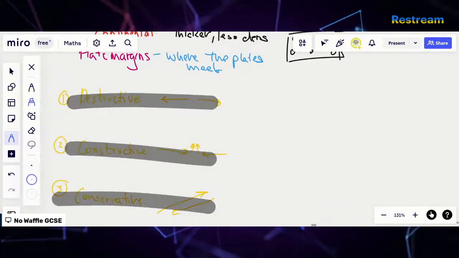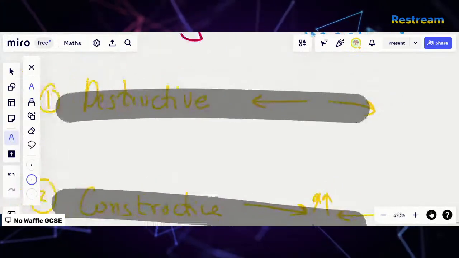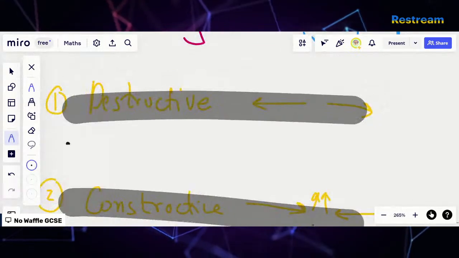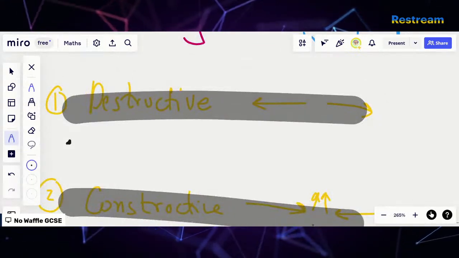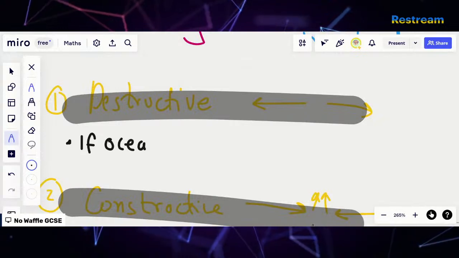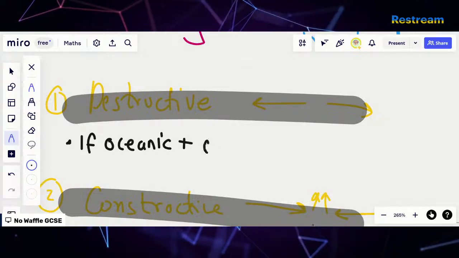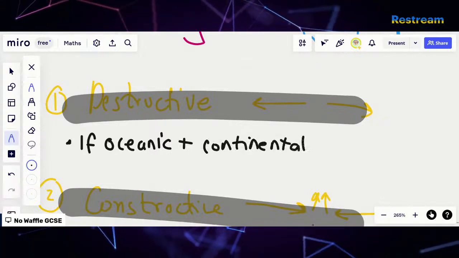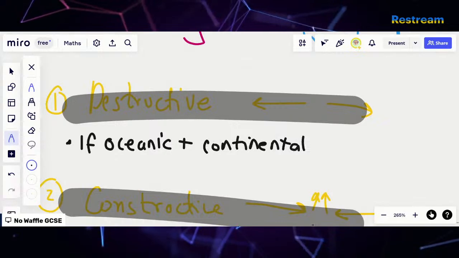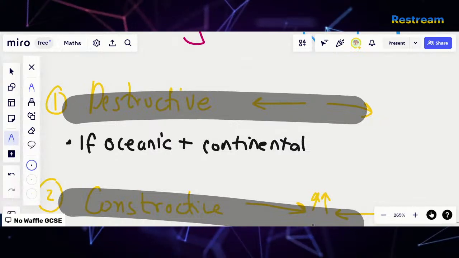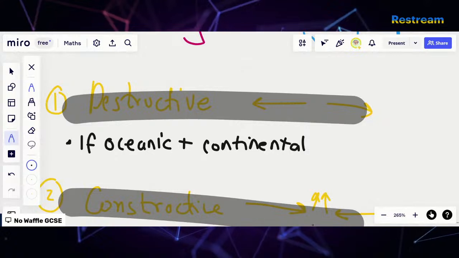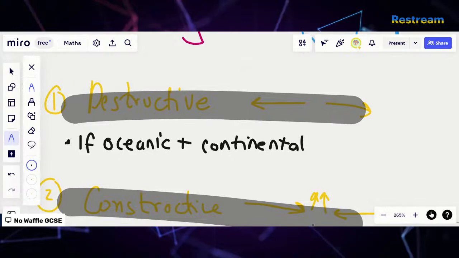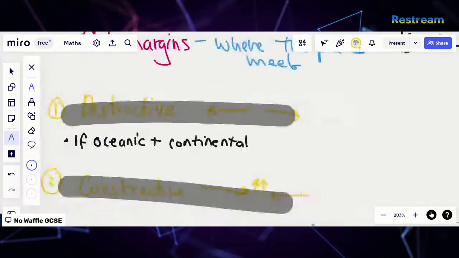Okay, so let's dive more into it. So in terms of destructive, two plates move towards each other. So there's different scenarios. So if it's oceanic and continental, the less dense plate will be subducted beneath the more dense plate. No, sorry, the denser plate is subducted. So what we mean by that is we have two plates moving towards each other.